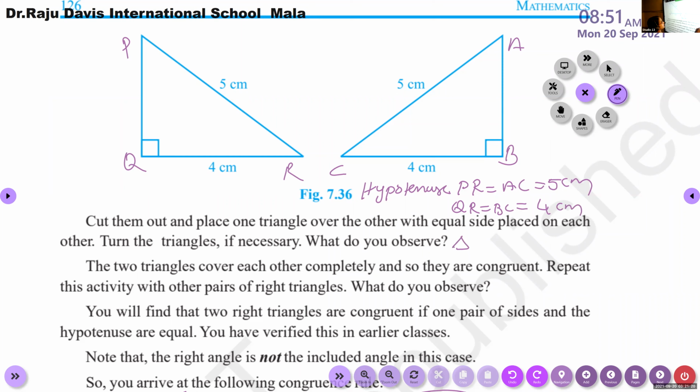So triangle ABC is congruent to triangle PQR.